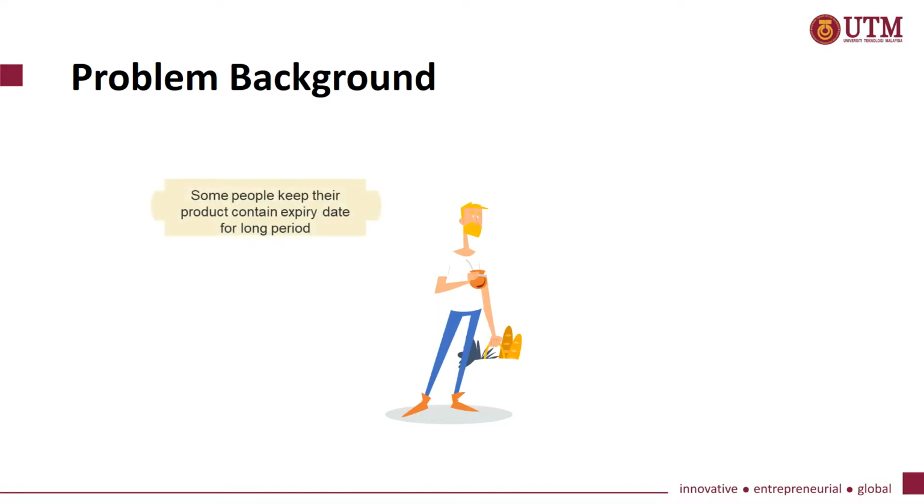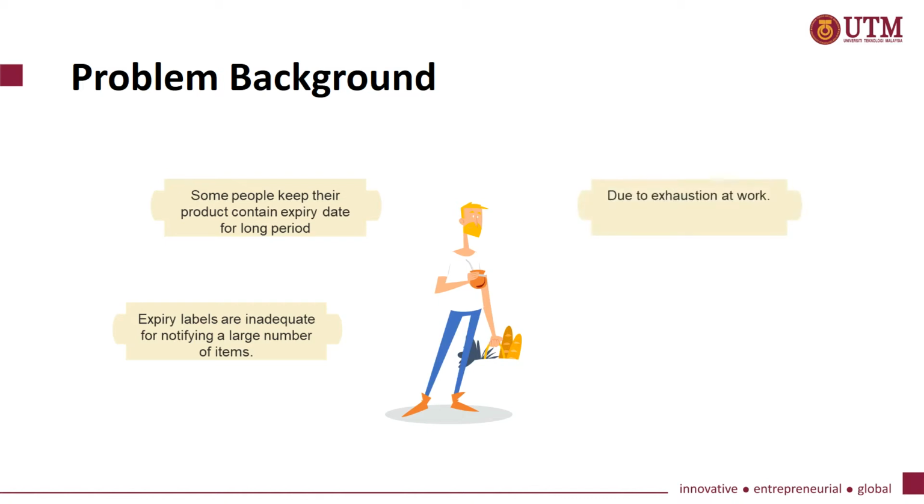So the problem background here is that some people keep their products with an expiry date for a long period, and it will cause them to forget about what they have purchased and leave them for a long period. Also, expiry labels are inadequate for notifying them about the large number of items they purchase.